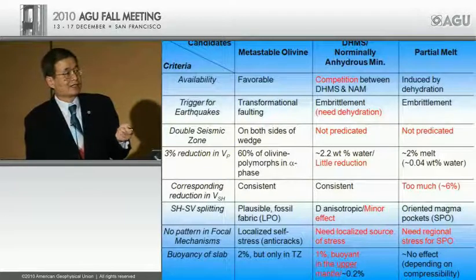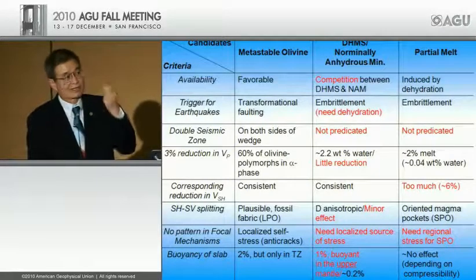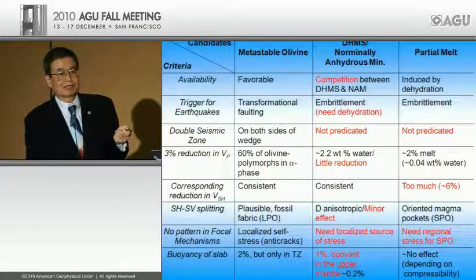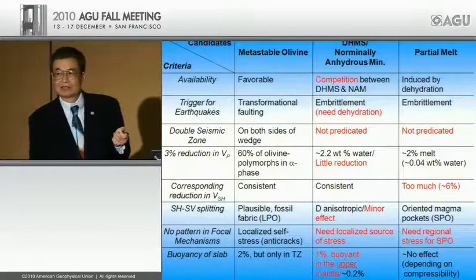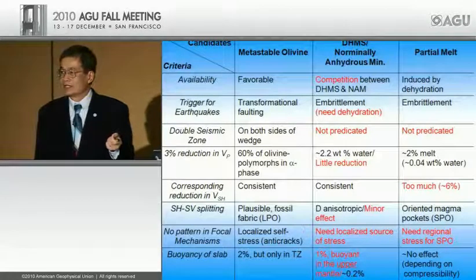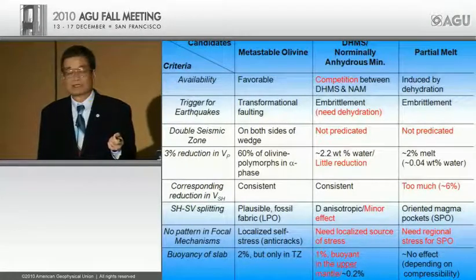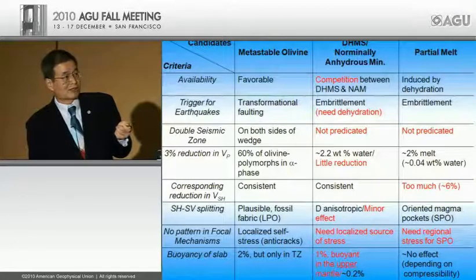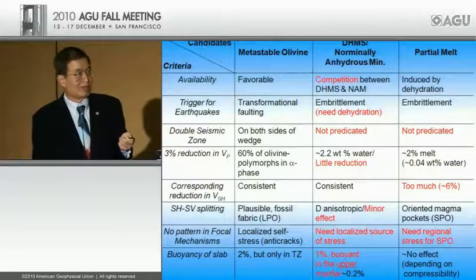The last bit is kind of interesting. It's buoyancy. If you have that much metastable olivine, the slab becomes buoyant. Well, but this is a self-limiting process. This buoyancy occurs only in the transition zone, but not above or below it. The hydrous phases, on the other hand, would be quite buoyant, and you can't deliver them because they're buoyant in the upper mantle.